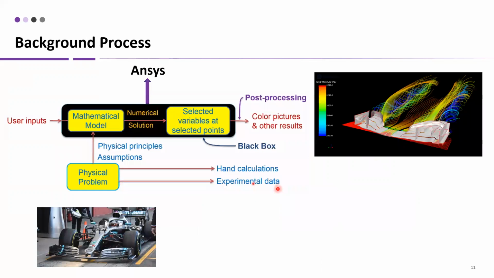Okay, so let me briefly explain the background process of the solver. So this is the physical problem, right? As we were talking about the Mercedes Formula One car, we want to simulate how the air flows around this front wing and then around the car. So we consider this as our physical problem.